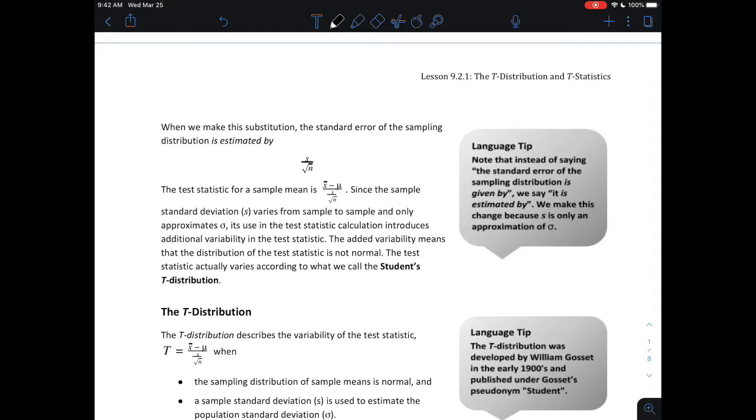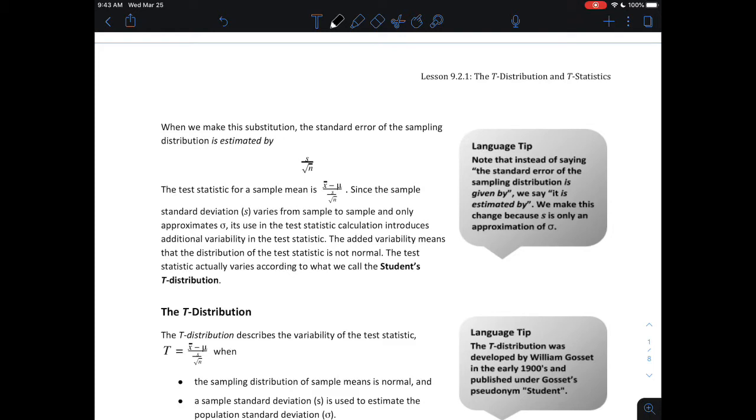Since the sample standard deviation s varies from sample to sample and only approximates sigma, its use in the test statistic calculation introduces additional variability in the test statistic. The added variability means that the distribution of the test statistic is not normal. The test statistic actually varies according to what we call the student's t-distribution.